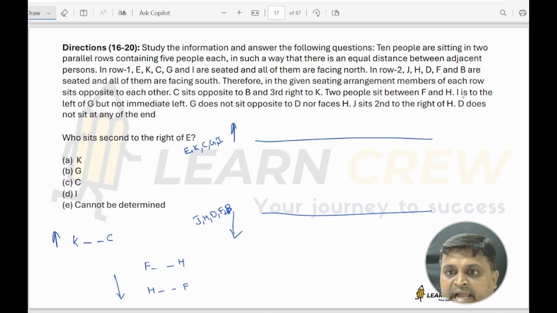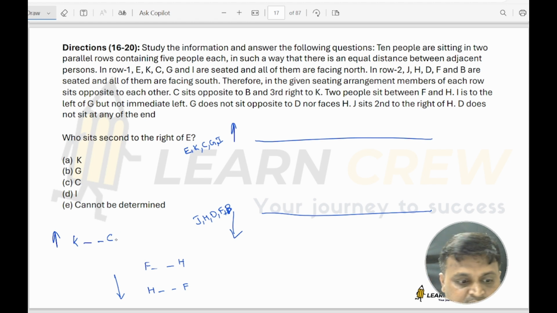Now, what is given? I is to the left of G, but not to the immediate left.